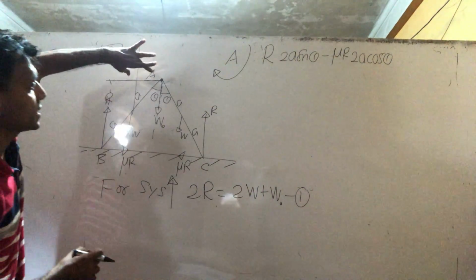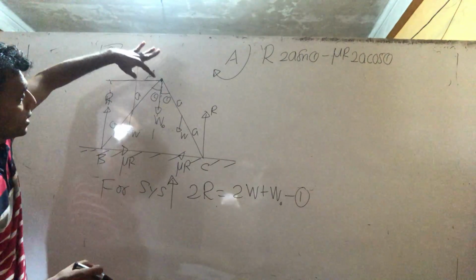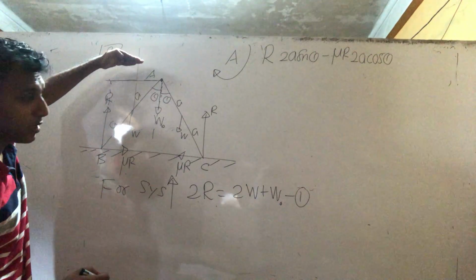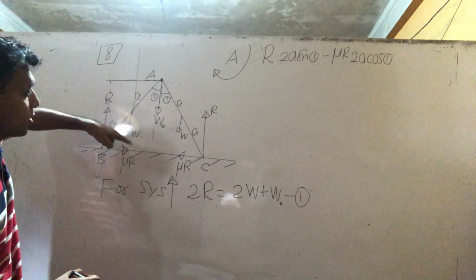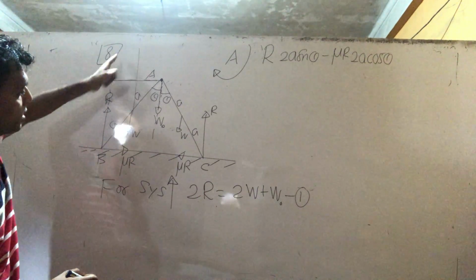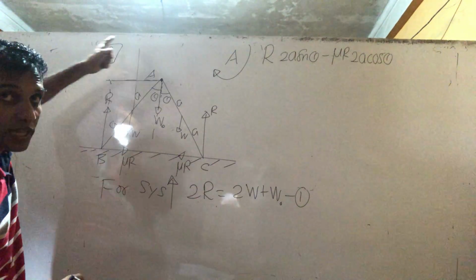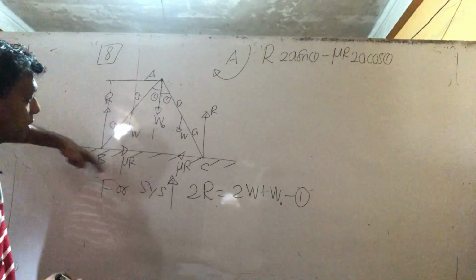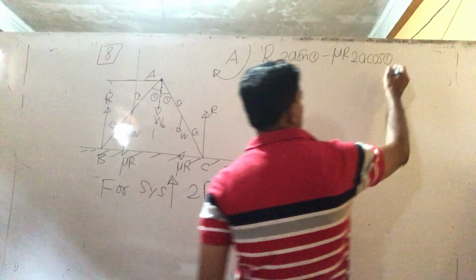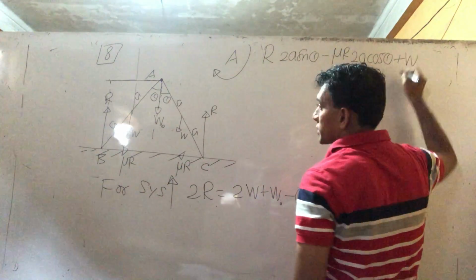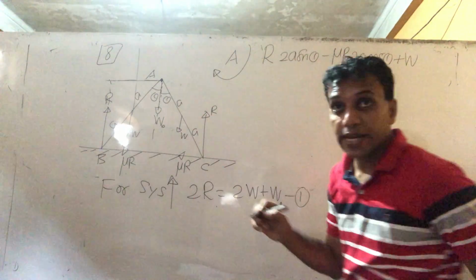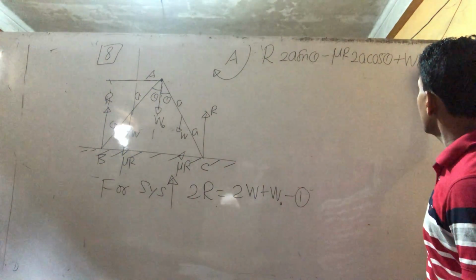This distance, line of action of W, here a sine theta. But the direction is what? Other side, no, minus. R this side. W and R both come in the same direction, W also same. So plus W into this part, a sine theta, is it? a sine theta.